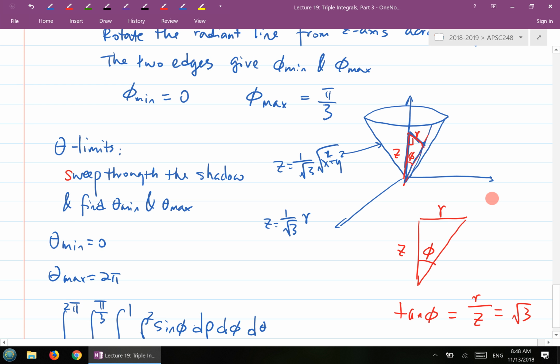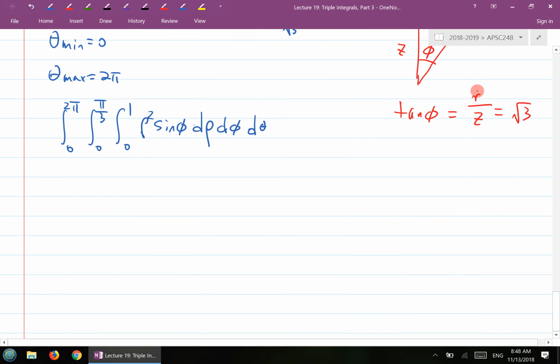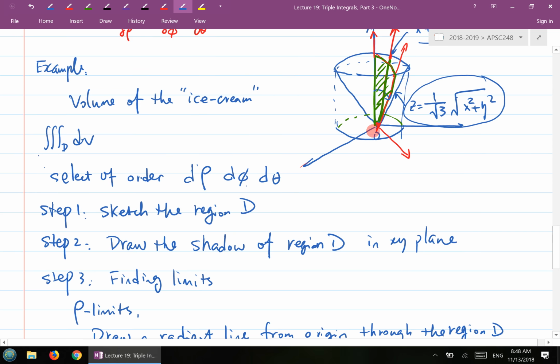Theta limits or phi limits? Then whatever the actual theta limits are. Your theta should still start from the x-axis. Oh, you're talking about phi limits. Your phi doesn't matter. It always starts from the z-axis.